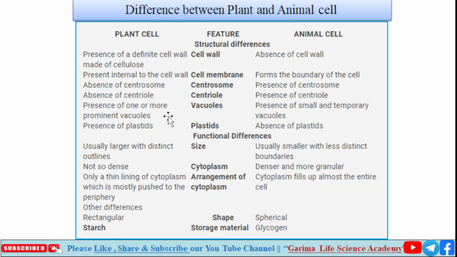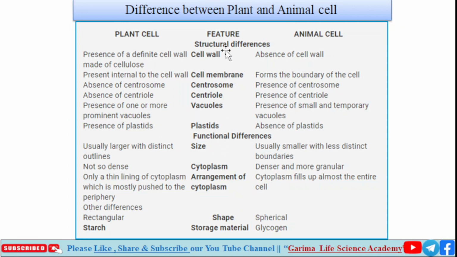In plant cells, one or more large, prominent vacuoles are present. But in animal cells, vacuoles are small and temporary, or very small in size. The sixth feature is plastids. Plastids are present in plant cells and absent in animal cells.